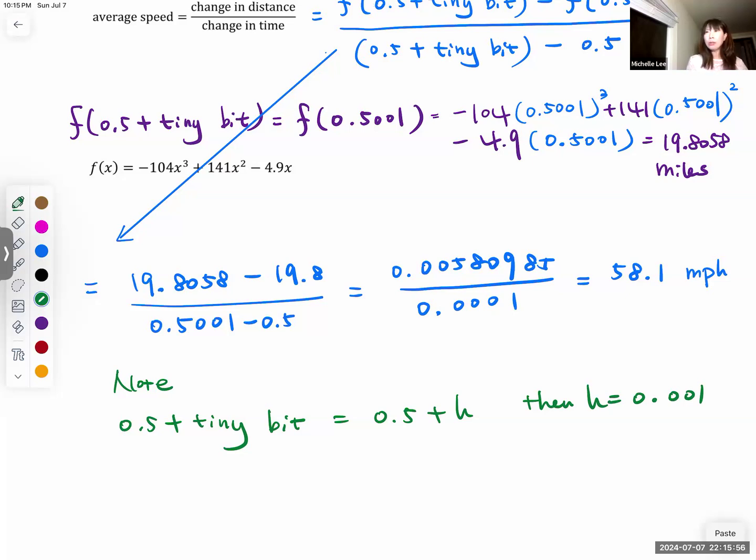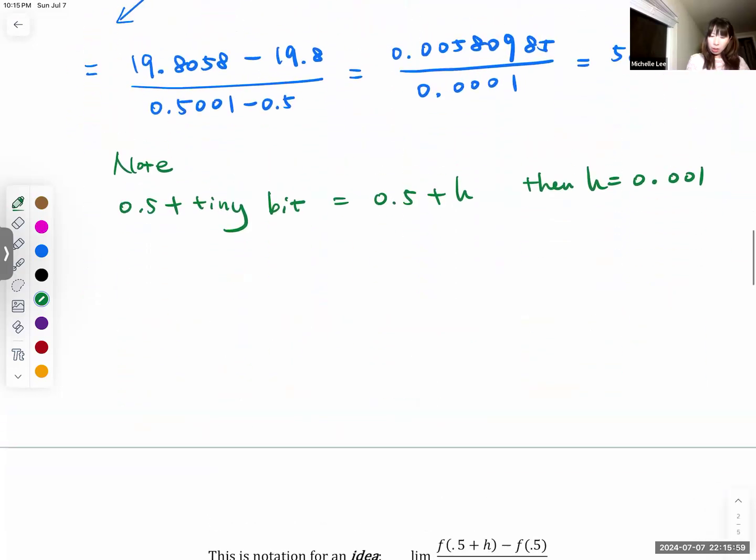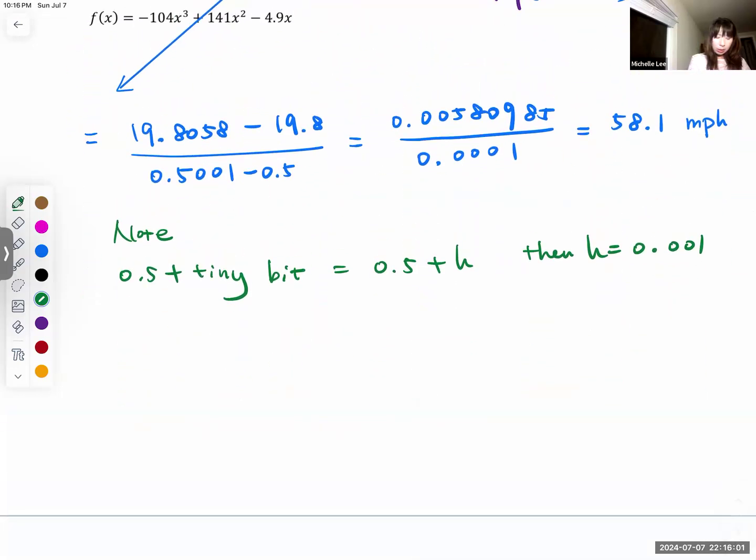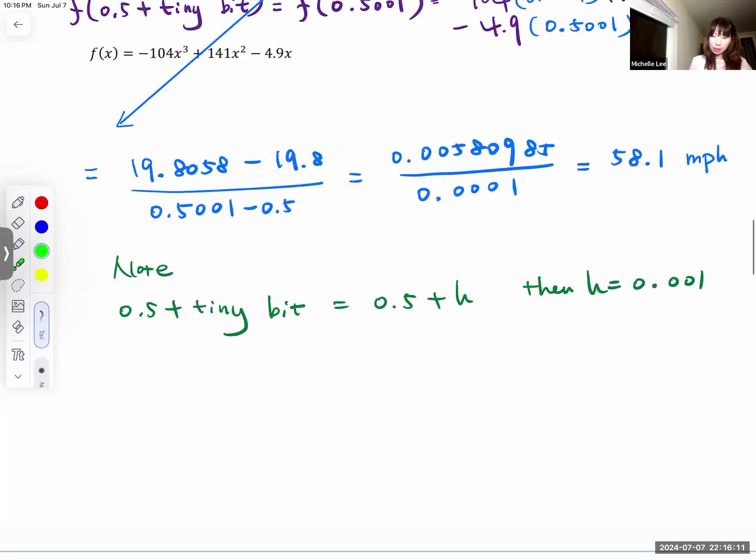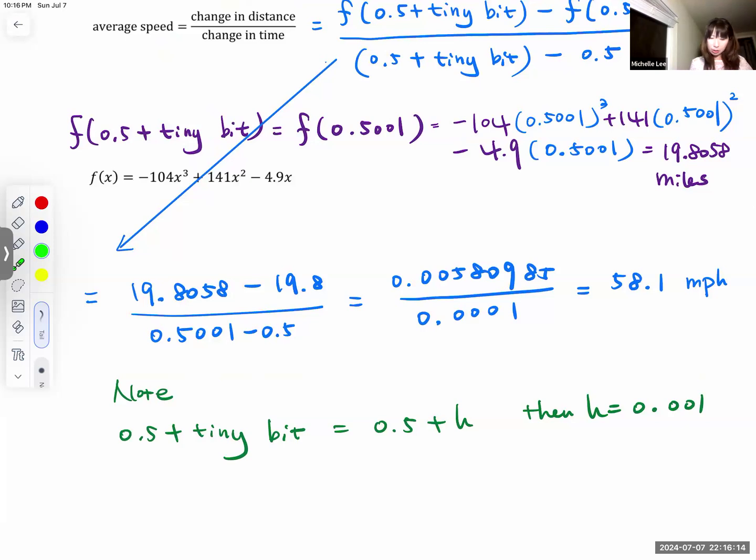Okay, now look, we had, oh, the number is not right. It's 0.0001 then, yes? Because we had 0.0001. Okay, now can you see that we are using h there, right?